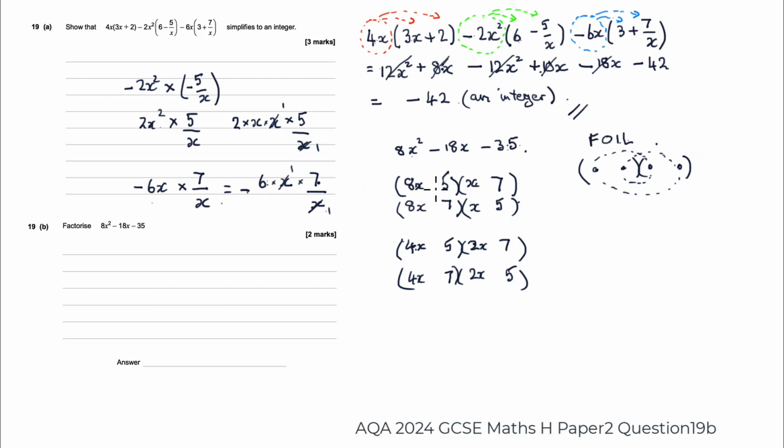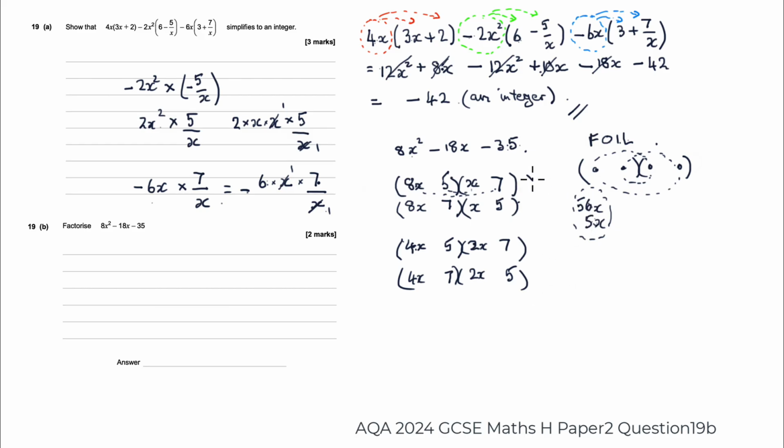In this first example, let's look at that. 8x times 7 are the outside 2, 7 8s are 56. That would give us a 56x. And the inside 2, 5 times x, would give us a 5x. Now, remember, it's these 2 that are going to combine to give us this negative 18x. Now, adding and subtracting, there's no way we can get an 18 from a 56 and a 5.